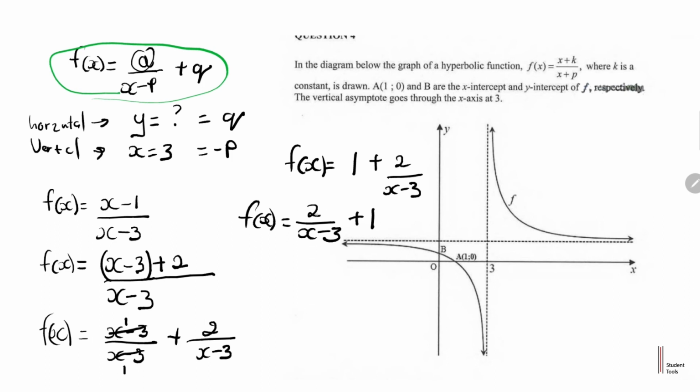Now we have the value of a as 2 and the value of q as 1. So our q is equal to 1, and that means our horizontal asymptote is also equal to 1. That is how we rewrite this equation of f. It will end up looking like this: f of x equals 2 over x minus 3 plus 1.